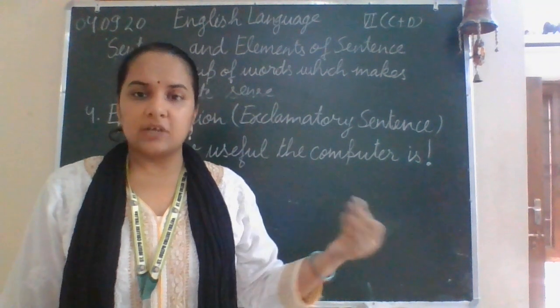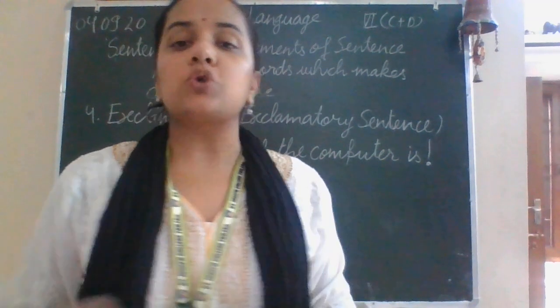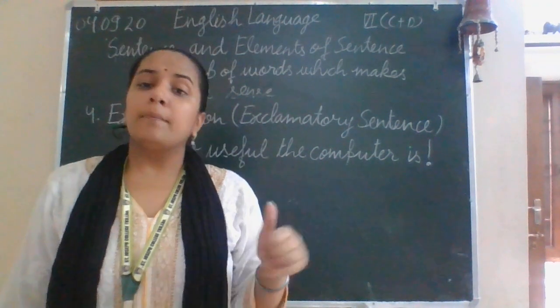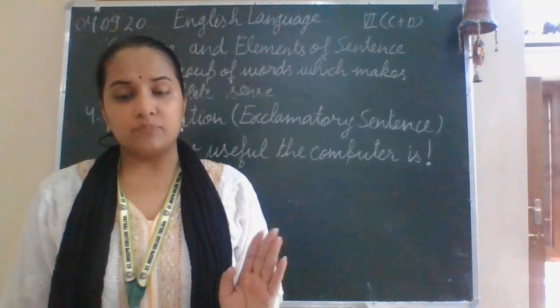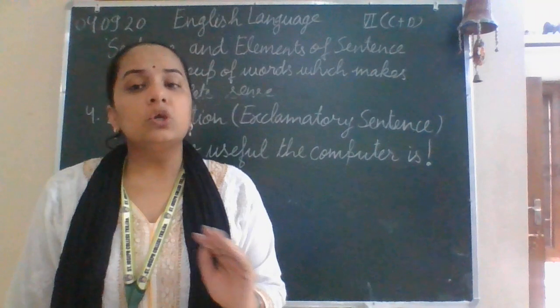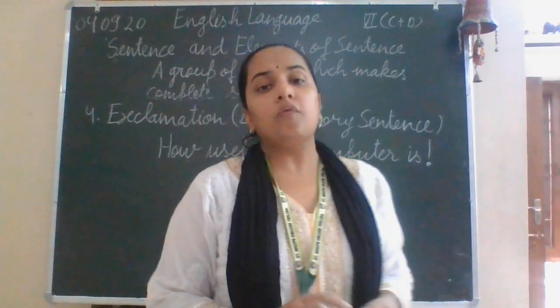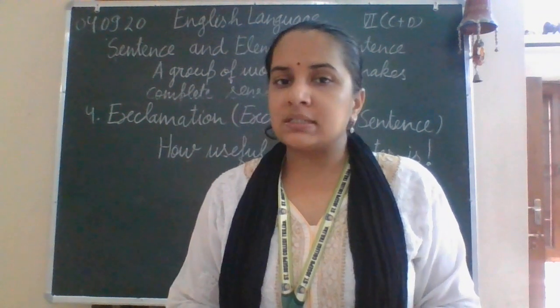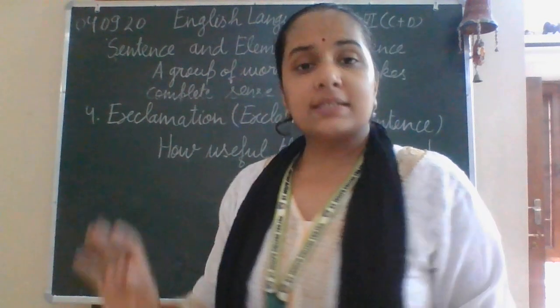And for the statement and command, I told you in both cases we put the full stop at the end of the sentence. But how can we identify them? A statement will have a subject and a command usually does not have a subject. So these are the four kinds of sentences.